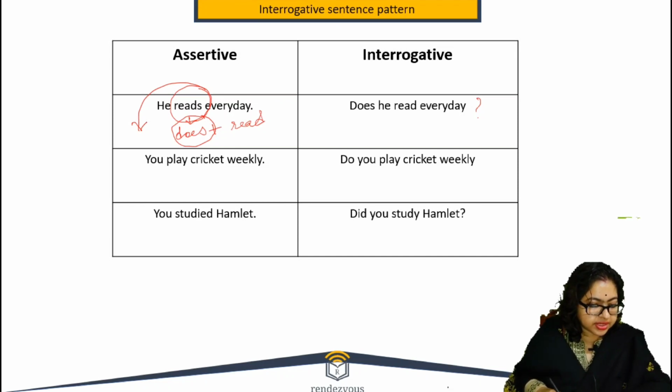For our next example, we have you play cricket weekly. You is the subject, play is the verb, this is the object, and this is the adverb. Here also, play means do plus play.